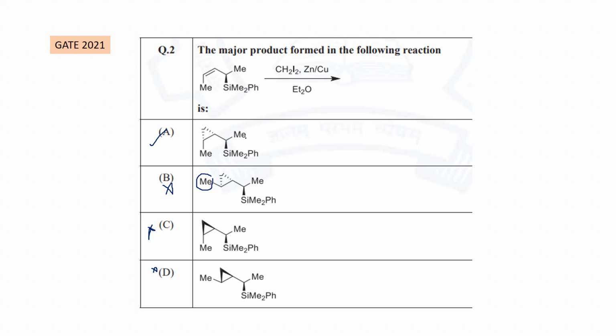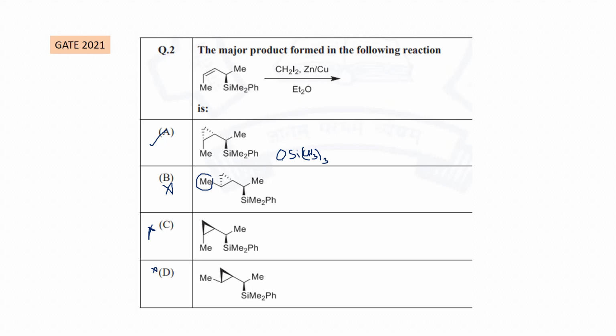But if there is an OTMS, an oxygen-silicon type of group, then it will give a coordinating property because of the oxygen. You have to check whether there is any oxygen, nitrogen or halogen.